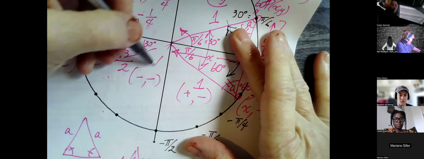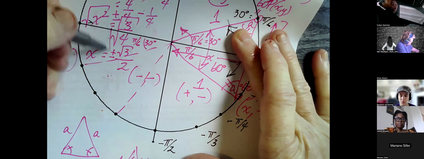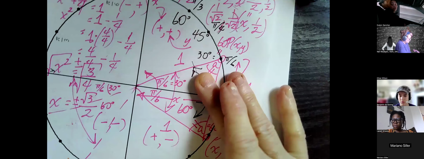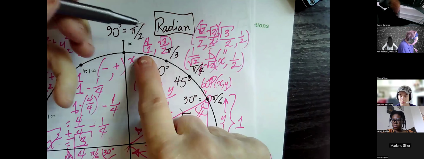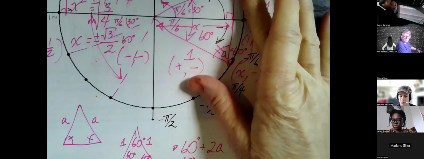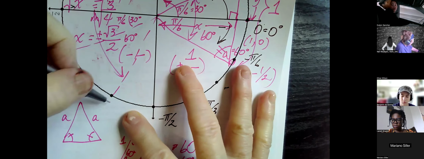The 60-degree, and I'm just thinking of this as 60, is going to be 1/2 and square root of 3 over 2. But again, they're both negative.